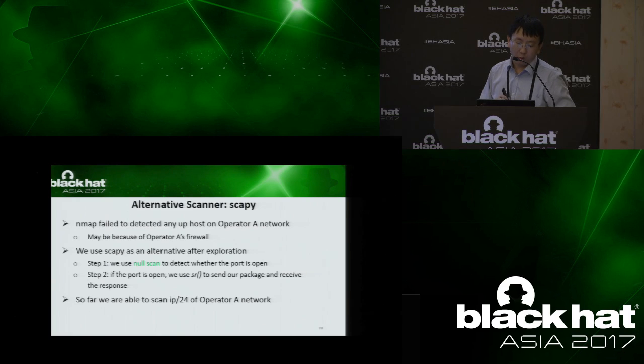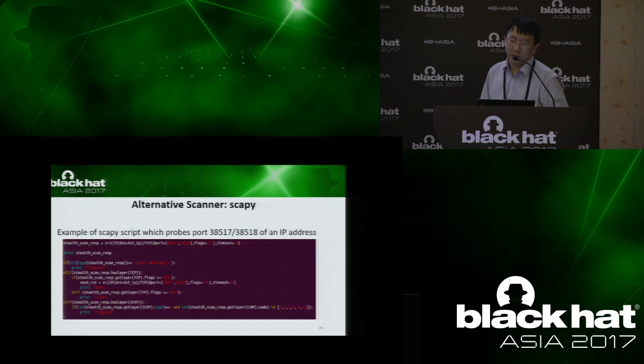So far we are able to scan this subnet of operator A. Here is some code we used to do the scanning with Scapy. You can see here is the NARP scan I just mentioned, and here's another scan where we send a payload to the IP address.